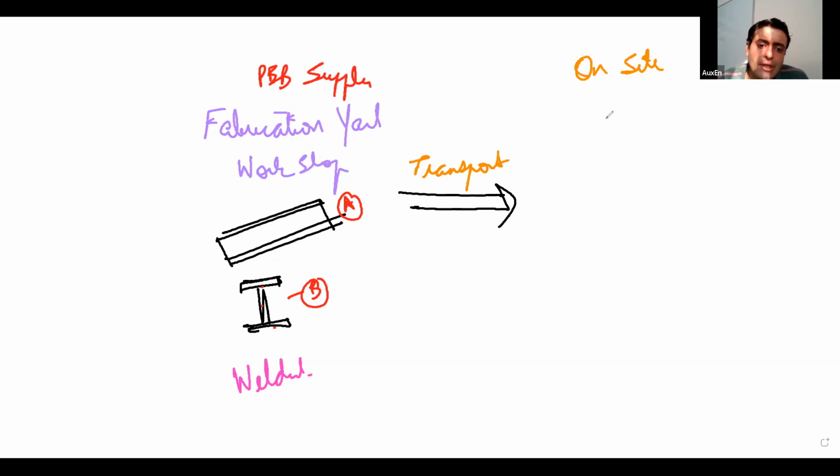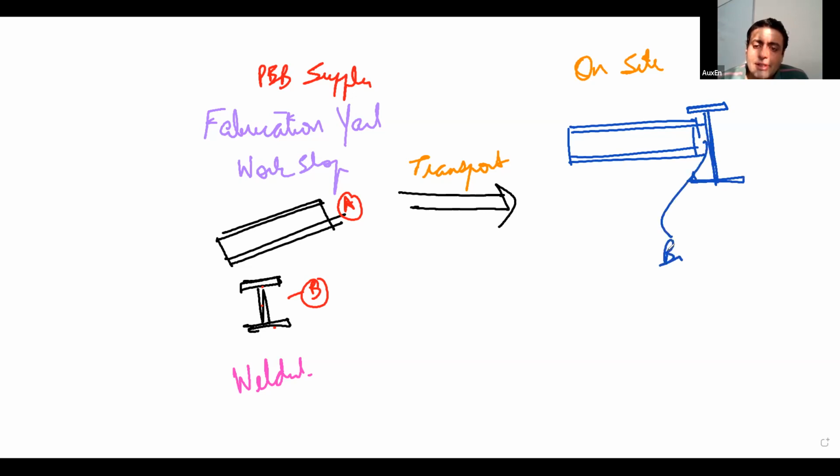Let us say this A and B has to be connected. On site, these two pieces would always be connected with what? We will always connect them with bolting.